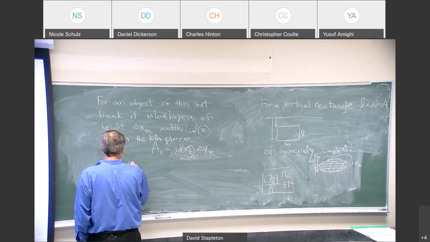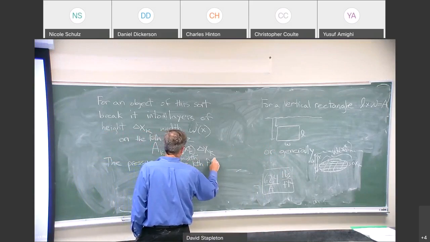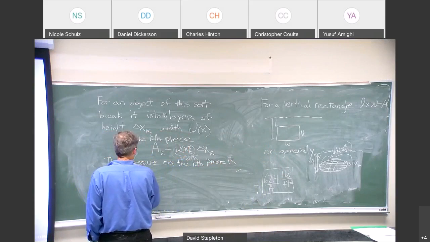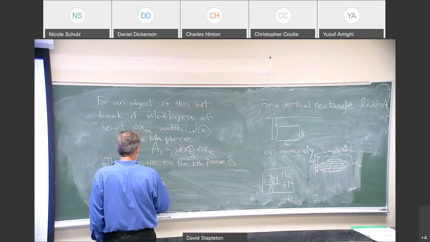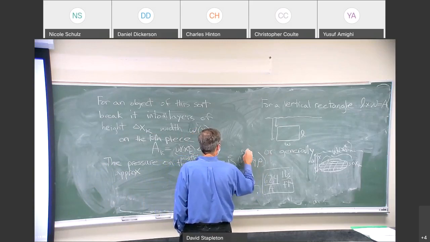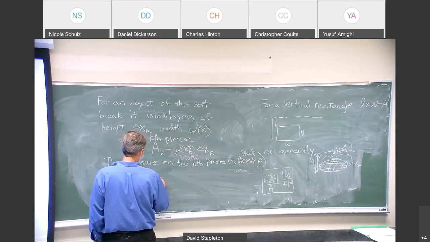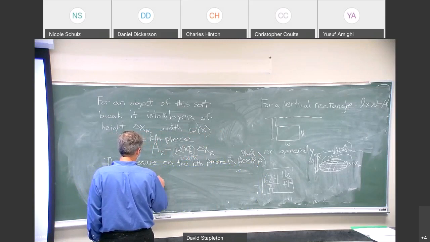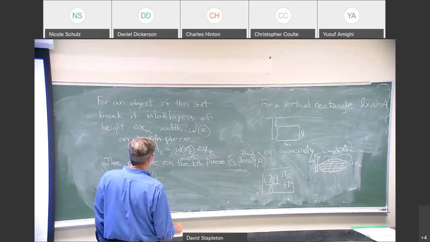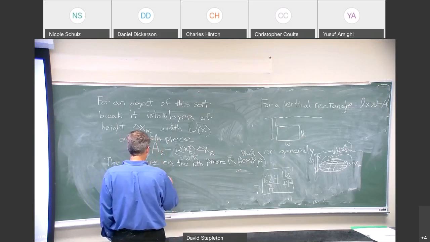All right, and so the pressure on the kth piece is then approximately, let's see, for density rho of the fluid, the area times the height you are below the water.